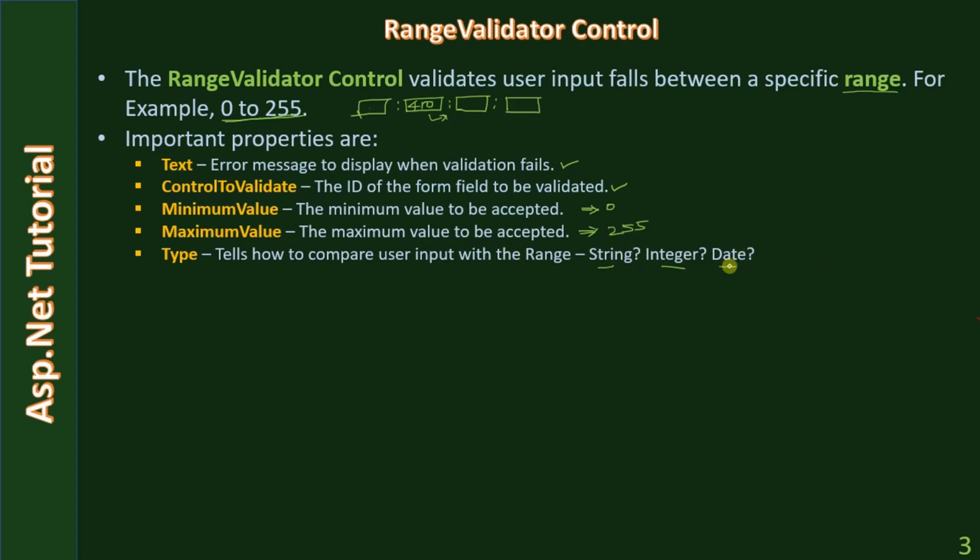For example, if you use the type as date, then the range validator will compare a date range, say 1st January 2000 to 31st December 2020. There we have to specify type as date, then we can specify the minimum and maximum value.